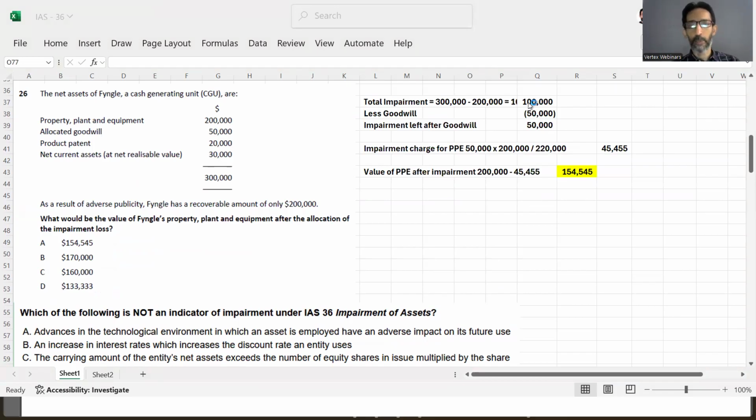So the total impairment loss was 100,000 less the value of goodwill. Now goodwill is not there, and the impairment loss that is left is 50,000. So that 50,000 will be shared between PPE and the product patent. Okay, I hope now it is clear.